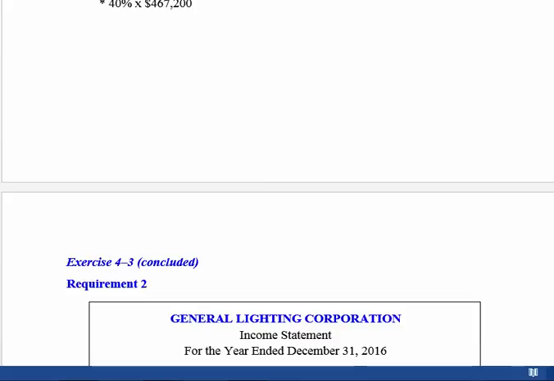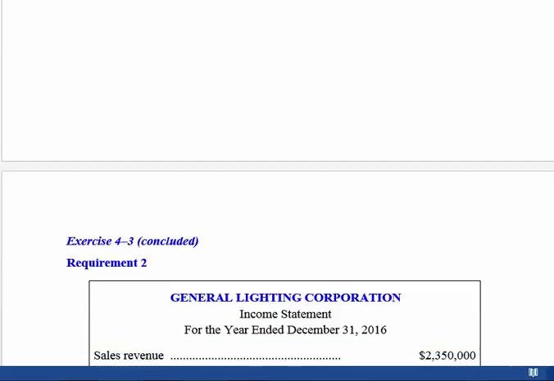Then the first section, or on the top part of the income statement, you guys will only include revenues and expenses related to primary activities of the business. This is General Lighting Corporation. I'm going to say they sell lighting fixtures, that type of thing.